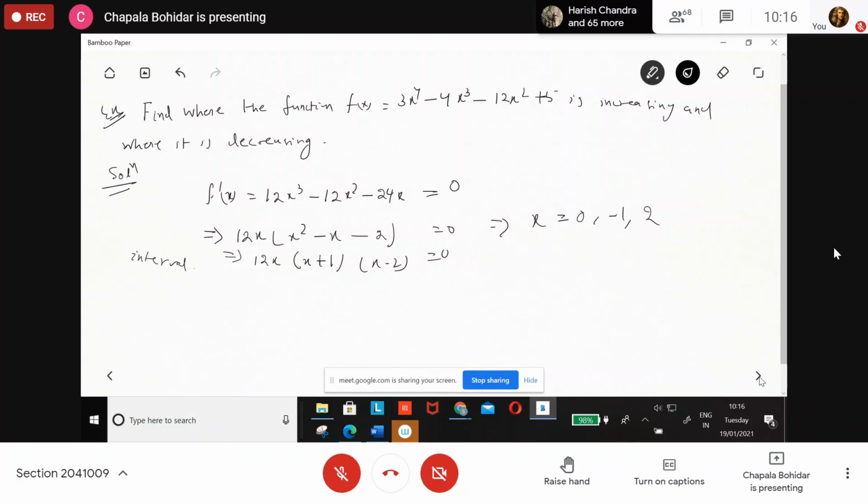The second step: intervals. Then we write the product of these three, 12x, then x - 2, then x + 1. Then we check whether f dash x is positive or negative. Then f is increasing and decreasing.